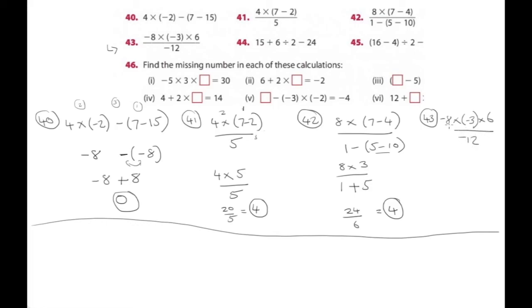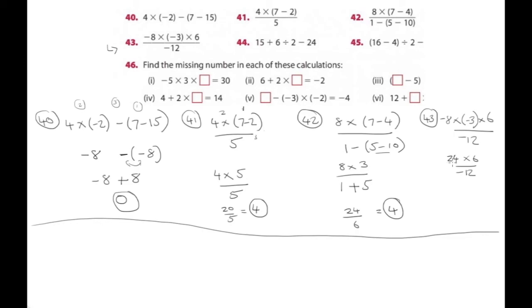So it doesn't matter here what order you do these in. Let's just multiply this by this first. 8 multiplied by 3 is 24. Now this is a minus and a minus, so it would be plus 24. So that is plus 24 multiplied by 6 over minus 12.